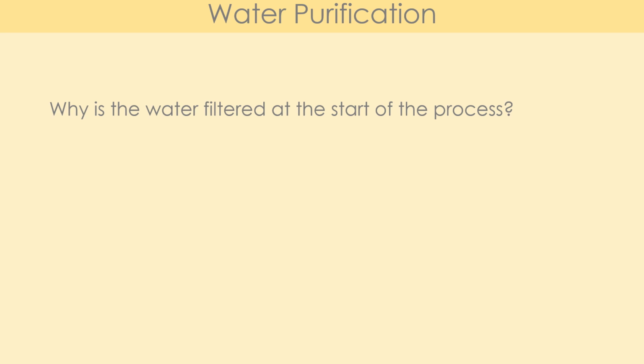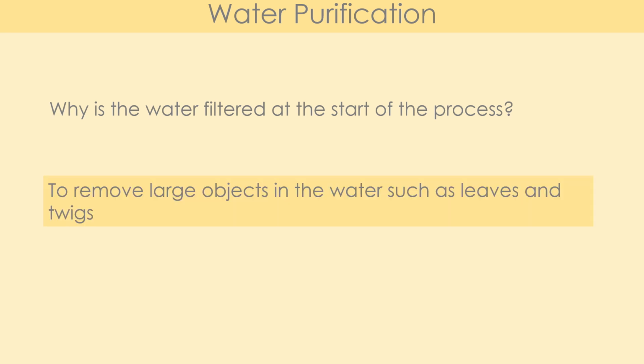Okay, next question. Why is the water filtered at the start of the process? Please pause the video and write down your answer. You should now only be watching if you have written an answer. The answer is to remove large objects in the water, such as leaves and twigs. Well done if you got that correct.